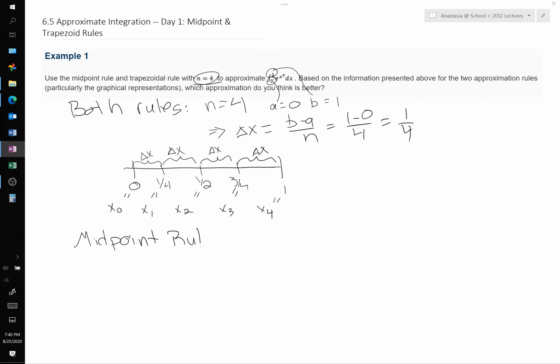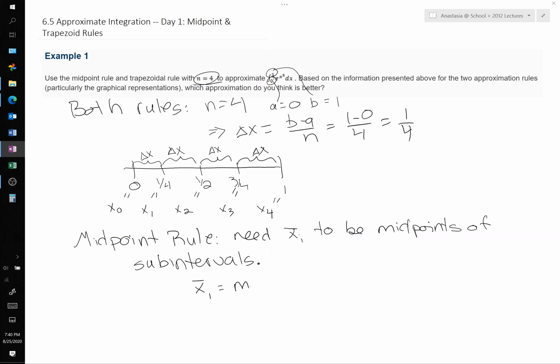Now, for the midpoint rule, we need our x bar i's to be the midpoints of the subintervals. So intuitively, we could figure out what these values are. x bar 1 is the midpoint between x sub 0 and x sub 1. x sub 0 is 0, x sub 1 is 1/4.